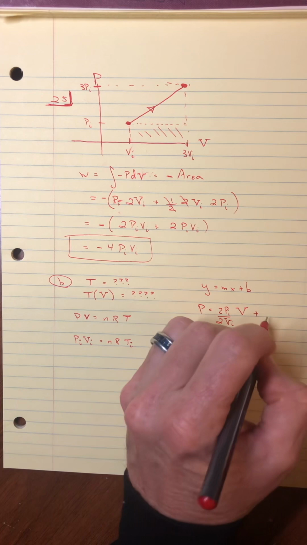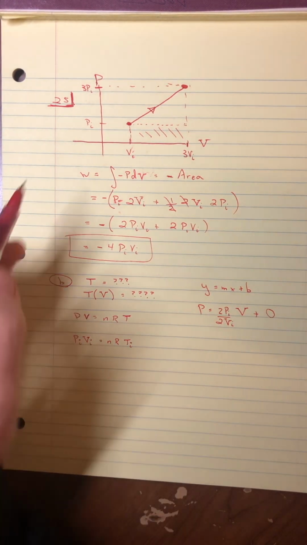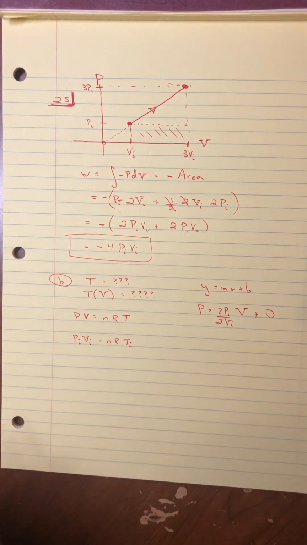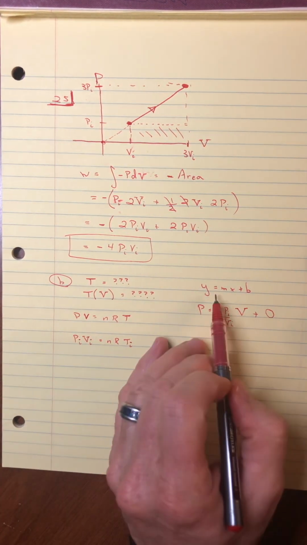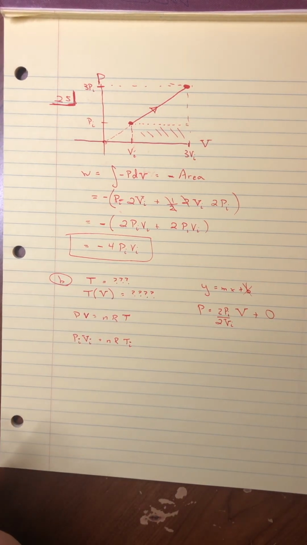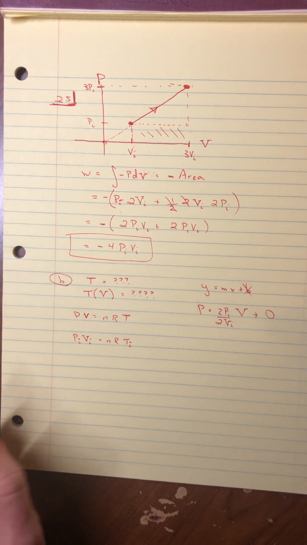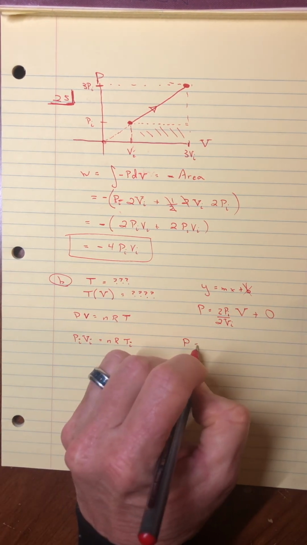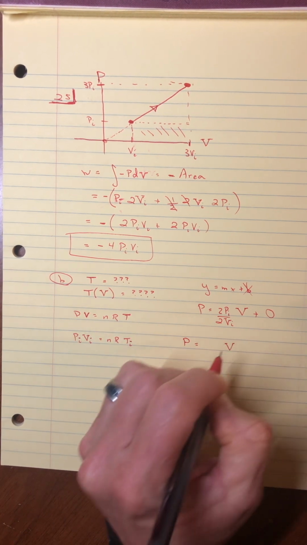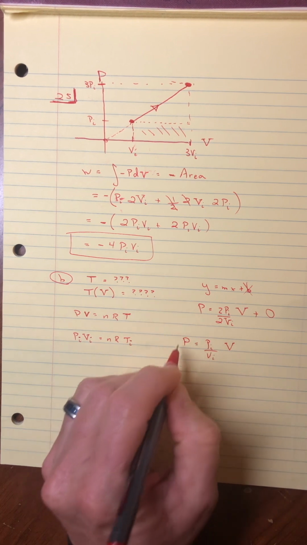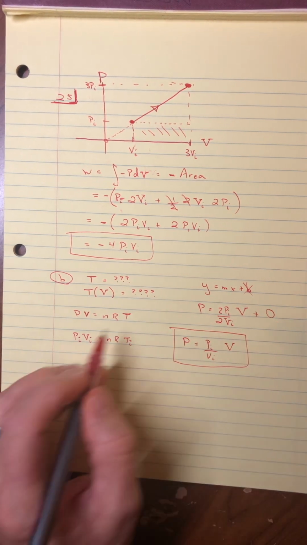We can say that the intercept is 0 either by looking at this graph and projecting it back to the origin, or by saying they said it was proportional. Proportional means a line that goes through the origin, so that's got to be 0. So I have a nice equation that connects pressure to volume, and this, of course, is the slope.